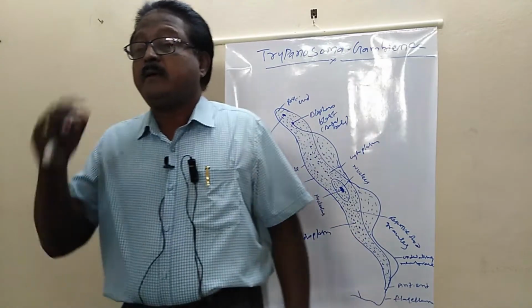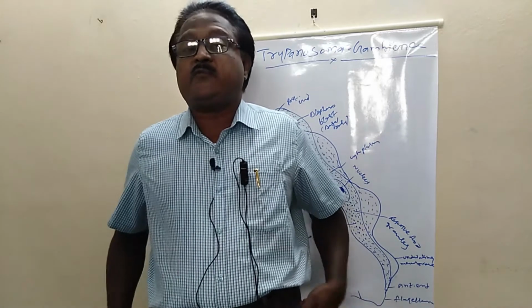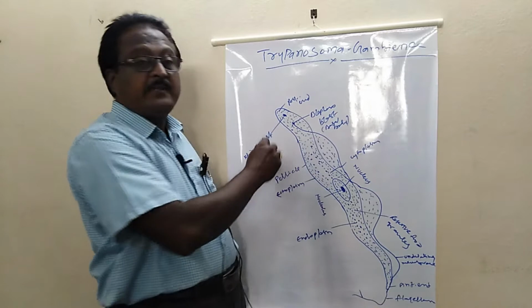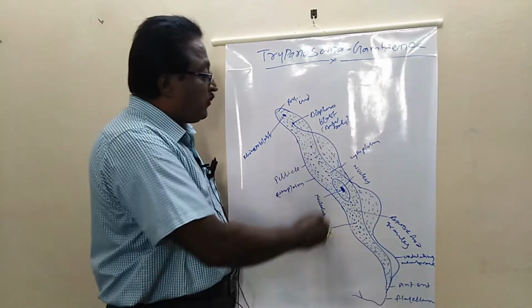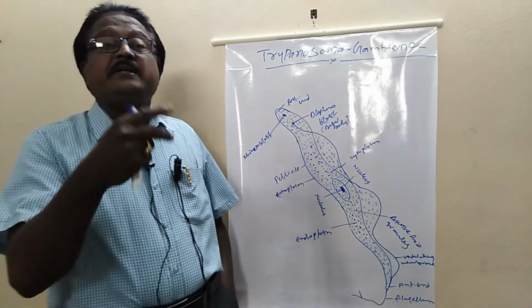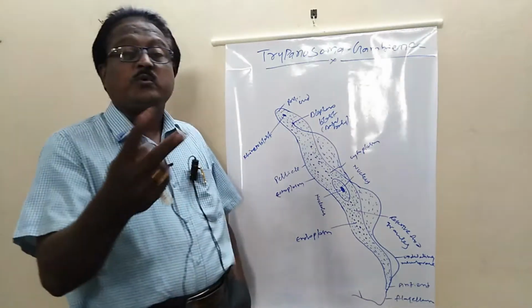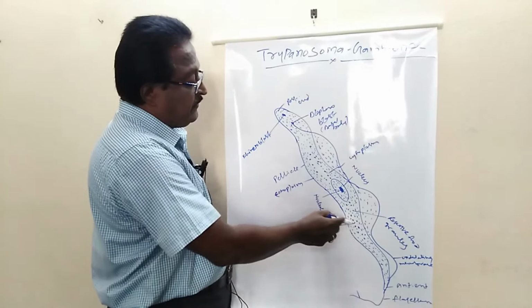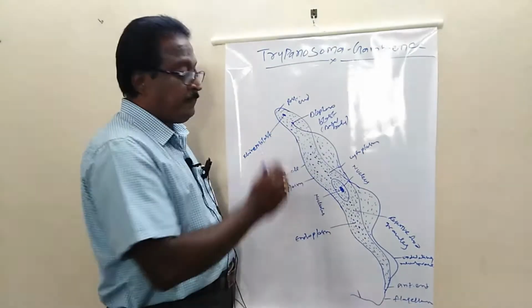Now, the body is completely filled with cytoplasm, which can be distinguished into two regions: endoplasm and ectoplasm. This is the endoplasm and this is the ectoplasm.